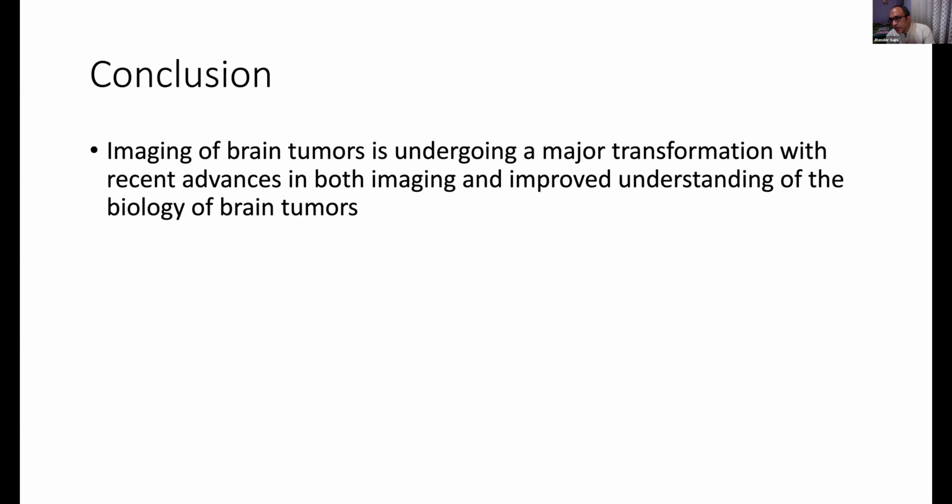But I don't know whether it is really going to make much of a difference. I give the example of a spectroscopy study, which itself shows hydroxyglutarate but has not been able to transform into a clinical tool. There we can see the molecule directly, whereas in these particular studies we are saying, okay, some levels are different. We don't know what the biological meaning of that is. Okay, any other question?